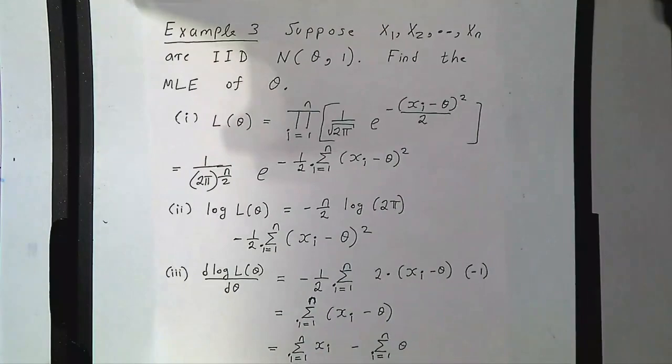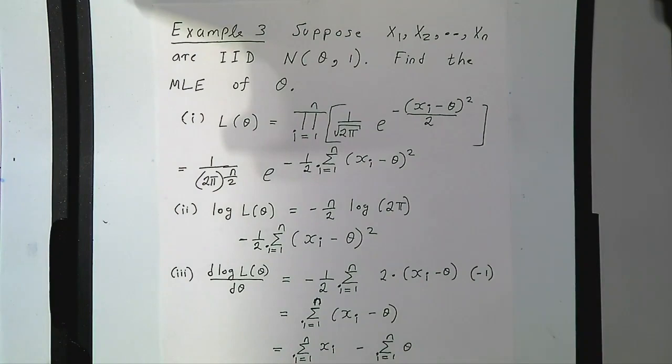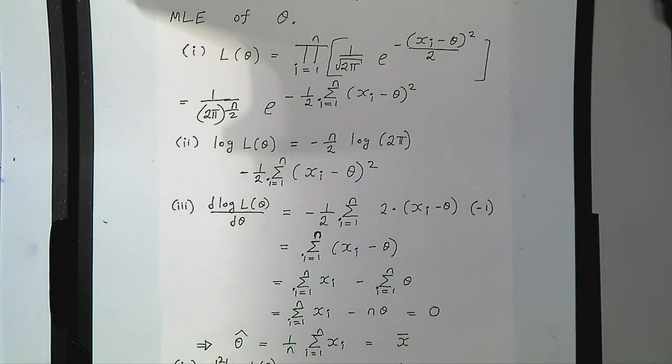Example 3, data is from a normal distribution with mean equal to theta and variance equal to 1. In this case, the estimator for theta is the sample mean. That's example 3.